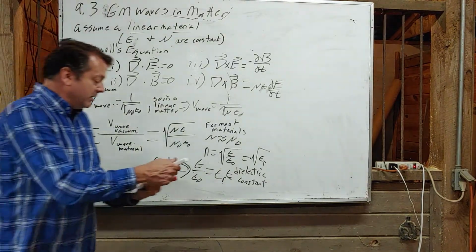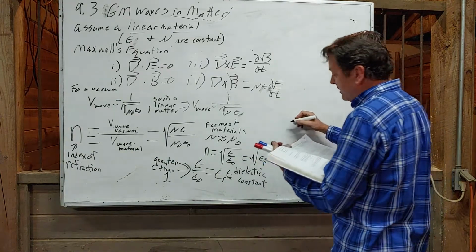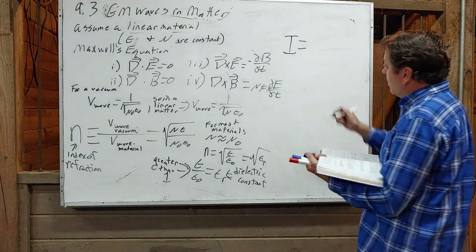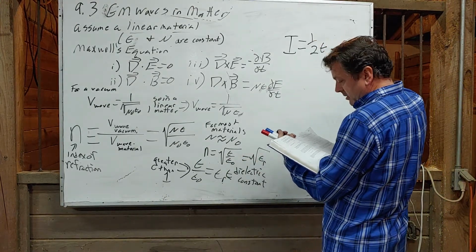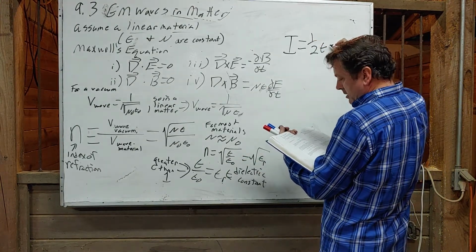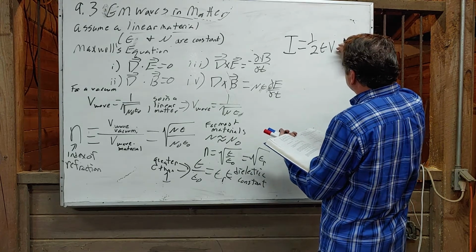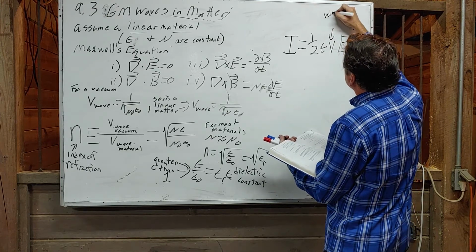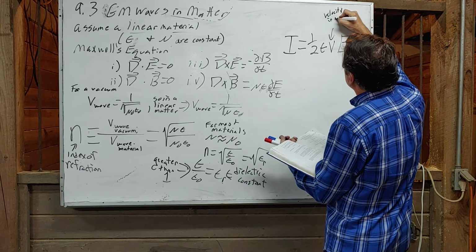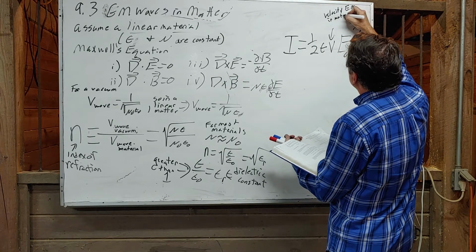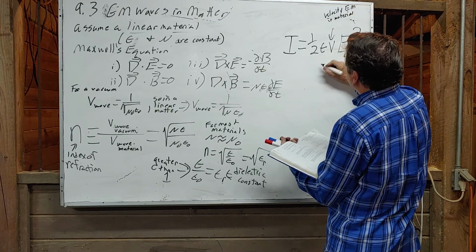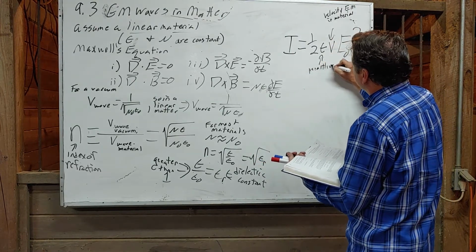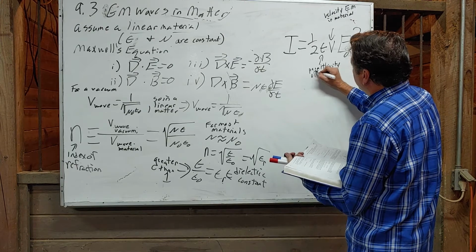Now, if I want to look at the intensity of light in a material, well, now it's going to be where this is the velocity of the electromagnetic wave in the material, and this is epsilon, the permittivity of the material.